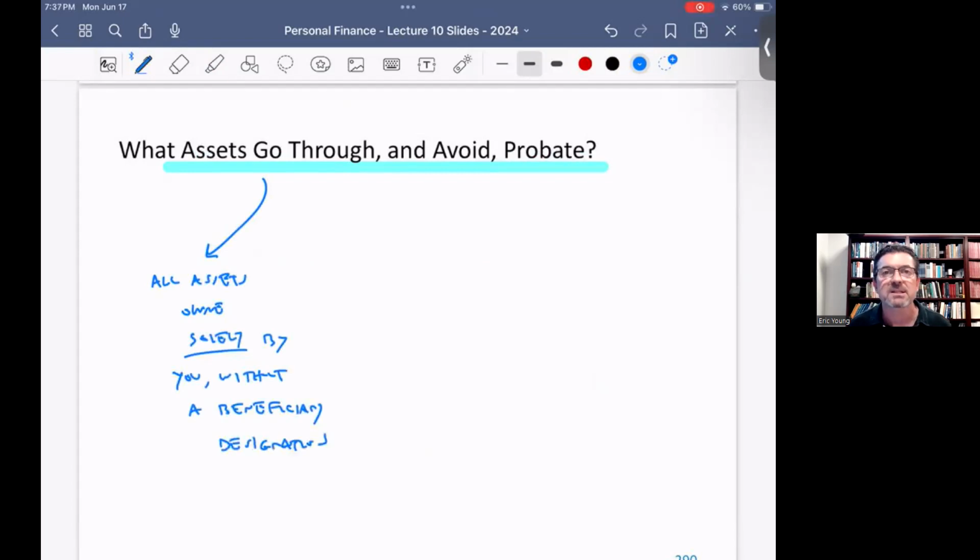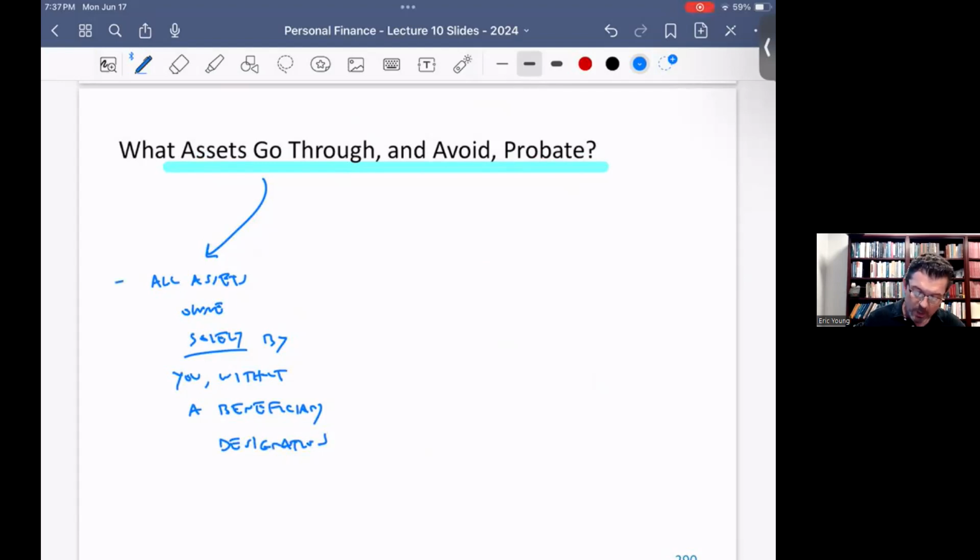If you own an asset solely and it's owned in your name and it does not have a beneficiary designation attached to it, like a retirement account could, that's going through probate. You have a car, the car's in your name, it's going through probate.